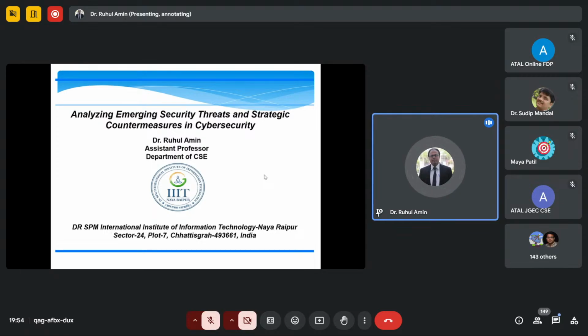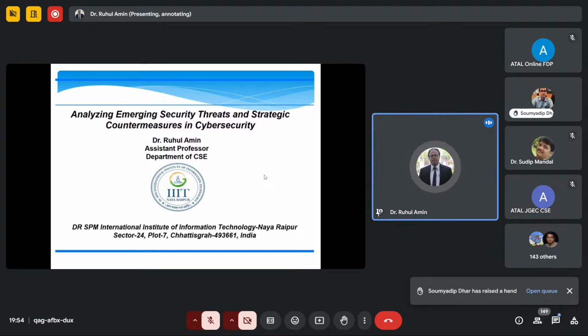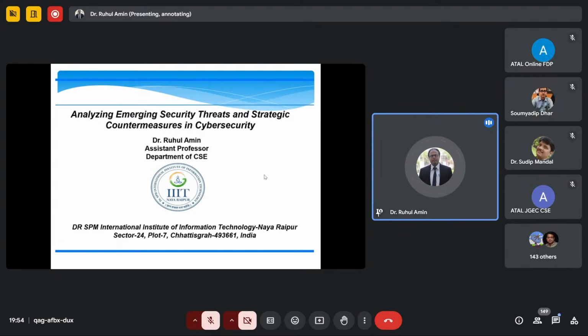Then the next part will be how we will protect against it. Based on the security threats I'm considering, what technique should protect against the attack so that the attacker or adversary cannot break it? That is the main objective of this topic.